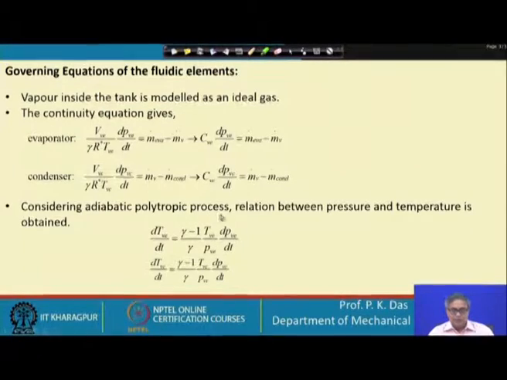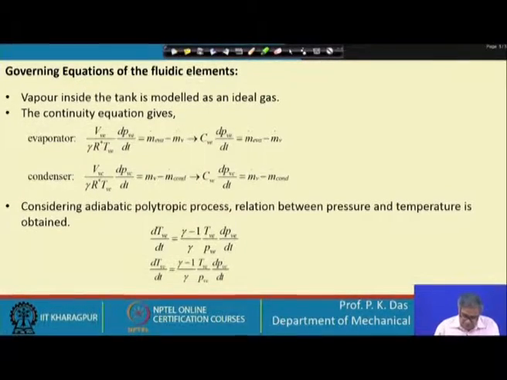Considering an adiabatic polytropic process, the relation between pressure and temperature is obtained. So, we assume that an adiabatic polytropic process is taking place when there is an expansion or there is a change in temperature. So, the change in temperature with time we can get with this kind of equation.